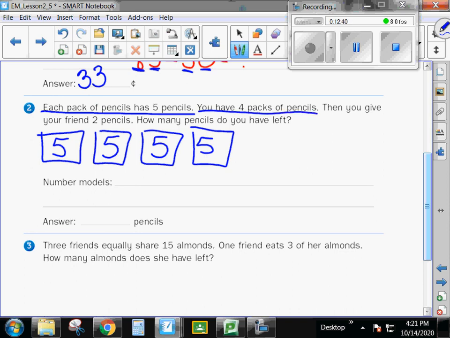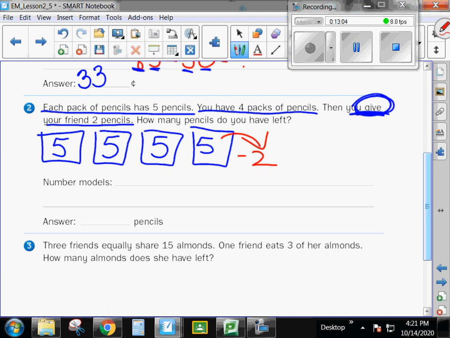It says then you give your friend 2 pencils. What kind of math are you doing when you're giving? Well, you're taking away, aren't you? So it wants to know how many pencils you have left. If I give away 2 pencils, I'll take 2 pencils out of that pack.